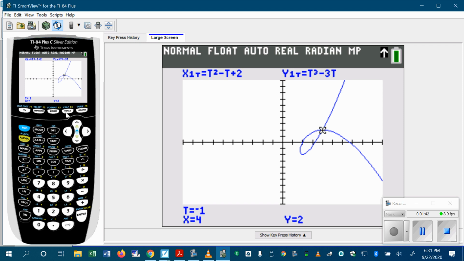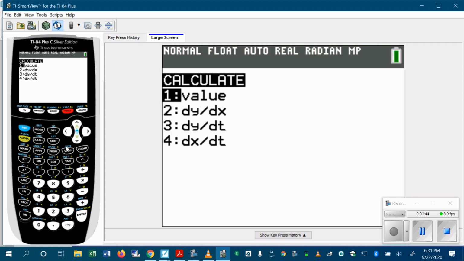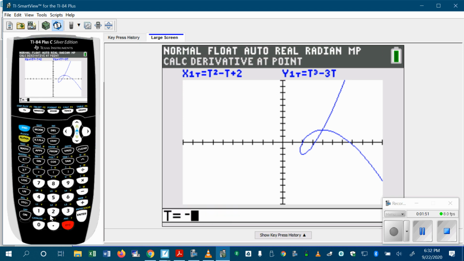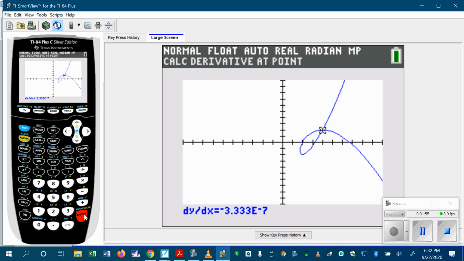Let's go back into the calculate menu, and let's go ahead and find slope. So this is my slope, dy/dx, and I am going to enter in -1, and it tells me, ooh, interesting. It says that my slope is -3.333 times 10 to the -7, which means I have 0.000000333.